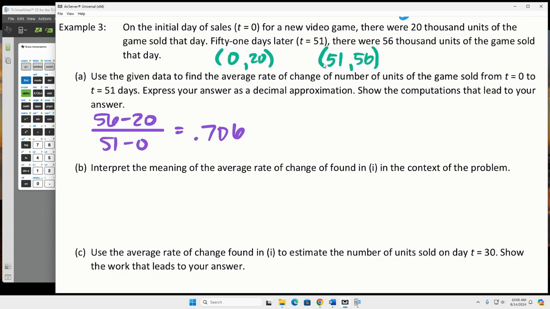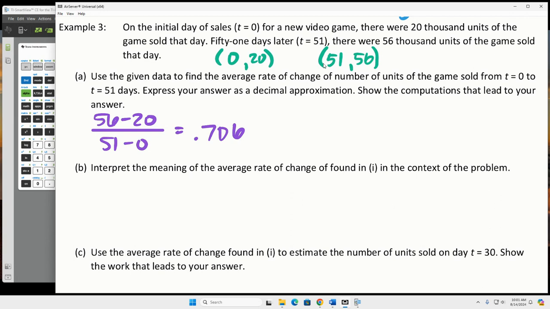And because I'm a calculus teacher, I'm also going to write the units on this. You don't have to in pre-calculus, but we're going to practice it just because it is good to think about. So, what did I subtract in the numerator? Like, what is the 56 and the 20? Number of games sold. Almost. There was more than 20 games sold. How many were sold?